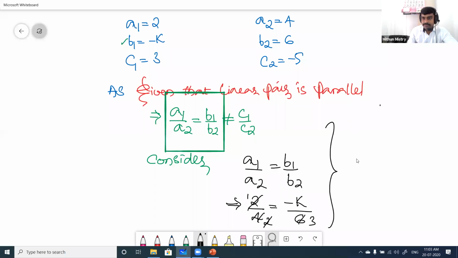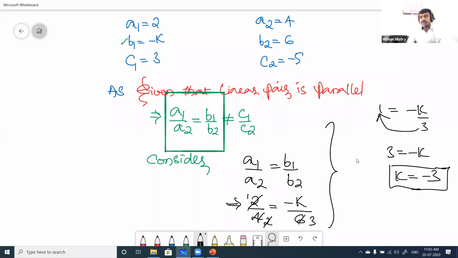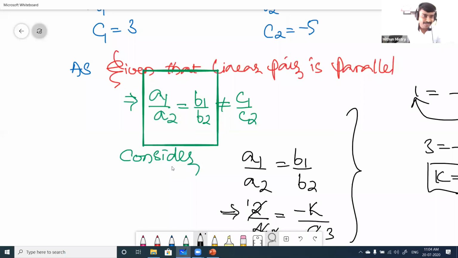So we get 1 is equal to minus K by 3. Take this 3 to this side: 3 is equal to minus K. That is, K is equal to minus 3. Those who have given K is equal to minus 3, very good, great job. Many people have given the answer as minus 3: Sri Varshini, Chandana, Ramu, Sahiti, Yashita, Sai Dikshit. Good this time.